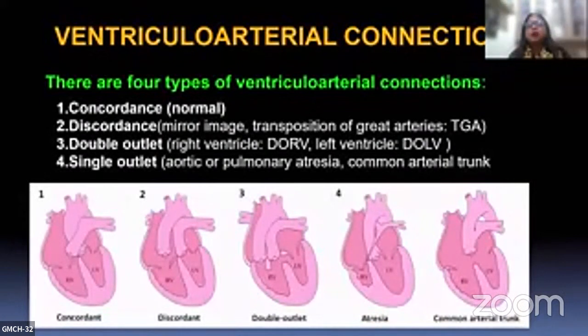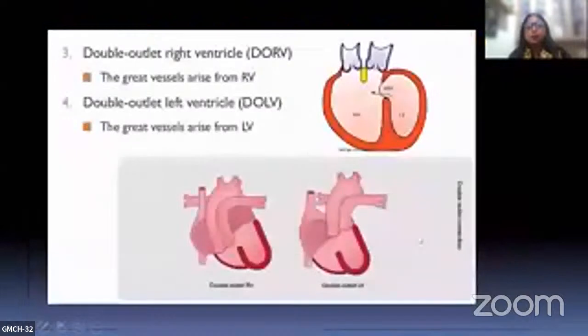It can be discordance, that is transposition of great arteries, which we talked about. It can be double outlet right ventricle, or DORV, or double outlet left ventricle, that is DOLV. It can be single outlet aortic ventricle with aortic or pulmonary atresia, and a common arterial trunk.